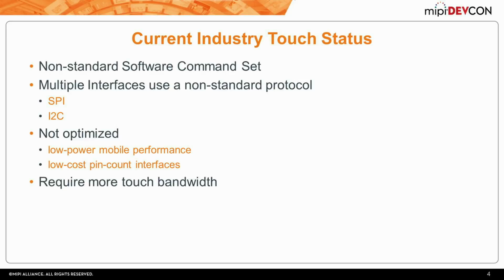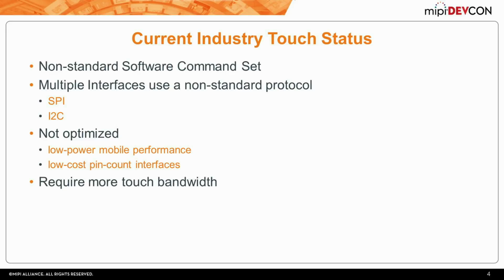And so it has a lot of impact on time to market and engineering effort just to be able to use multiple solutions. Secondly, there are now multiple interfaces depending on the amount of bandwidth that a touch solution requires. Now I need different interfaces which are not compatible, with different numbers of pins, none of them particularly power optimized, and so we're trying to create a simpler thing for customers to work with.